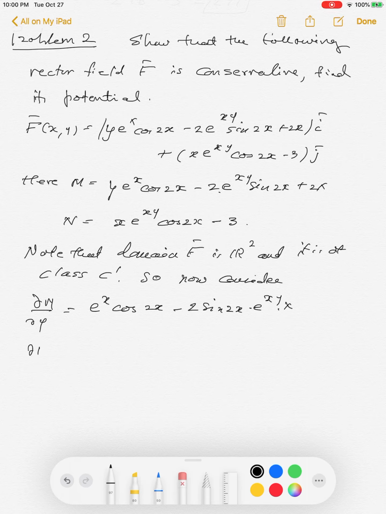E to the xy derivative is e to the xy, derivative of xy with respect to y is x, and derivative of 2x is gone. dn dx, here we have a product of 3 functions which depend on x, isn't it? Let me just check whether my problem is right. Well, anyway, let's calculate what n is.